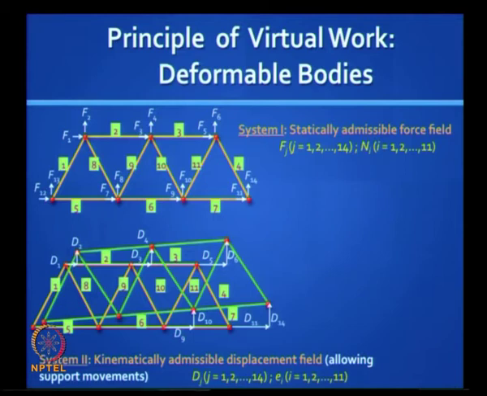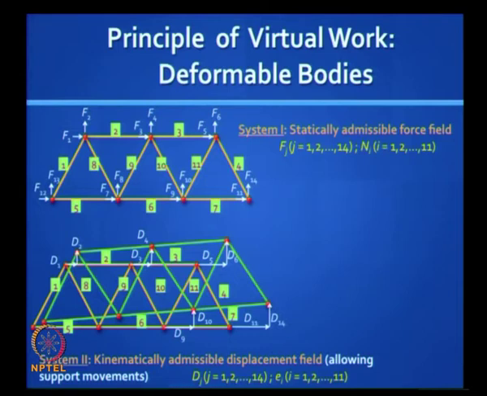And in the first field we have 14 values of the joint forces Fj and 11 values of the bar forces Ni, and these two are also interrelated through equilibrium relationships.